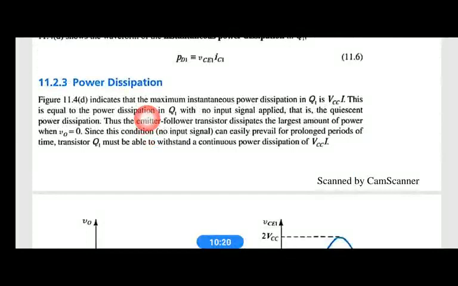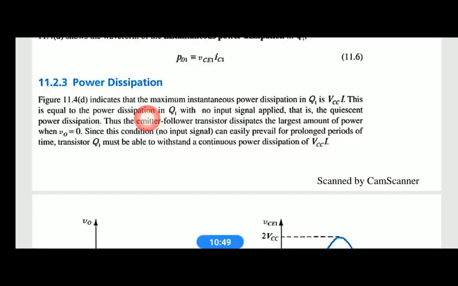What is the power dissipation? It is the amount of power required for conduction, meaning the amount of power dissipated across the two transistors Q1 and Q2, right?